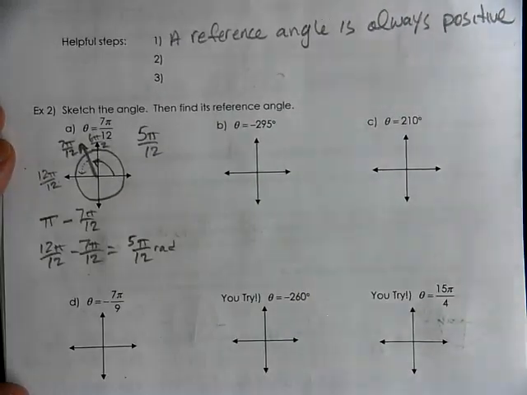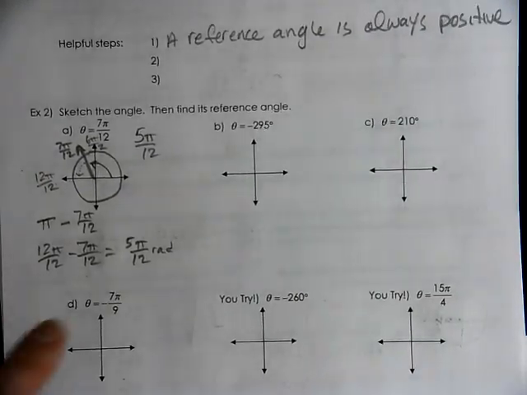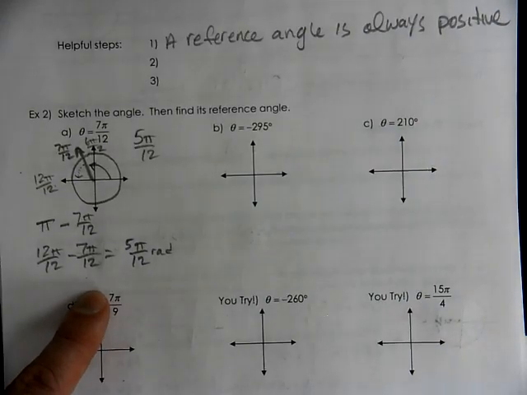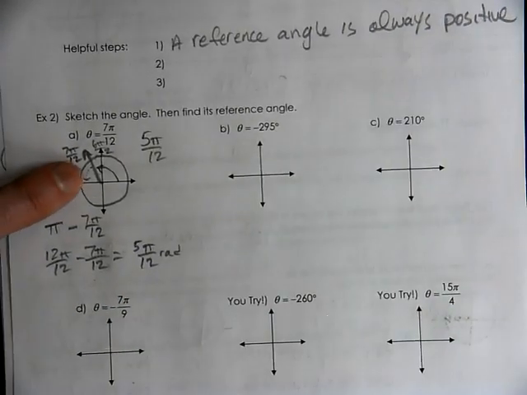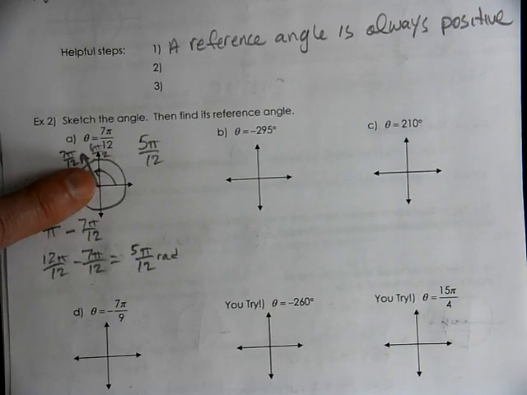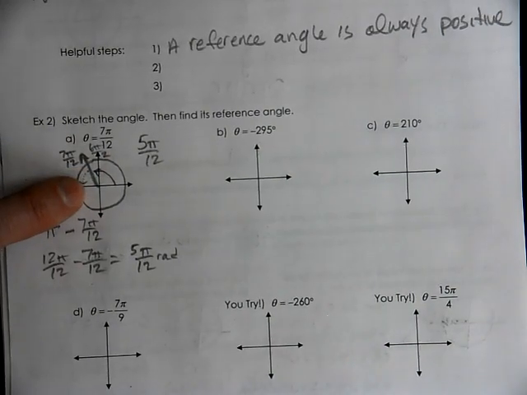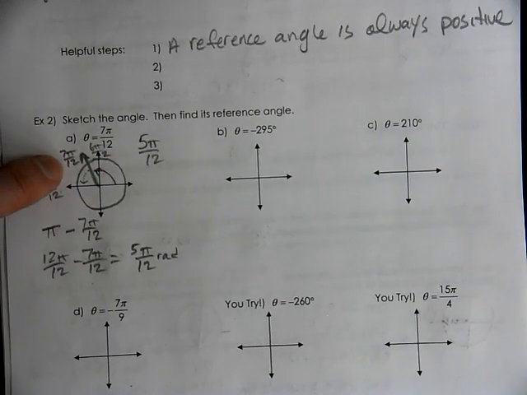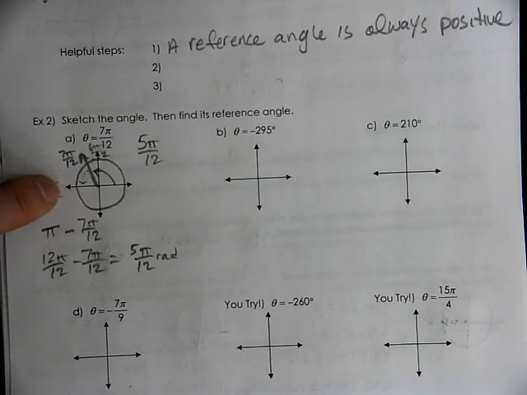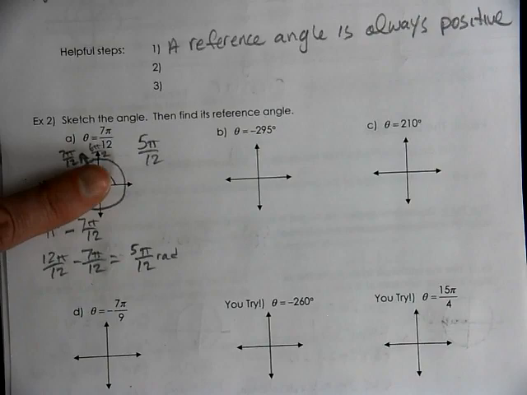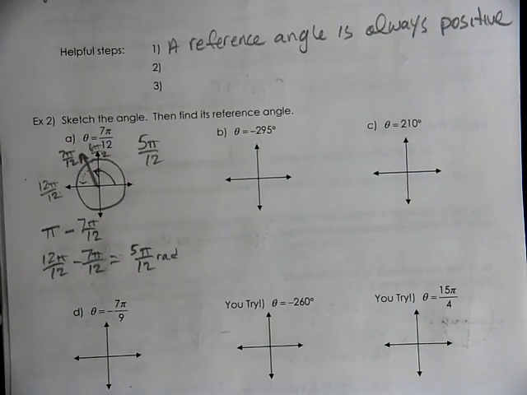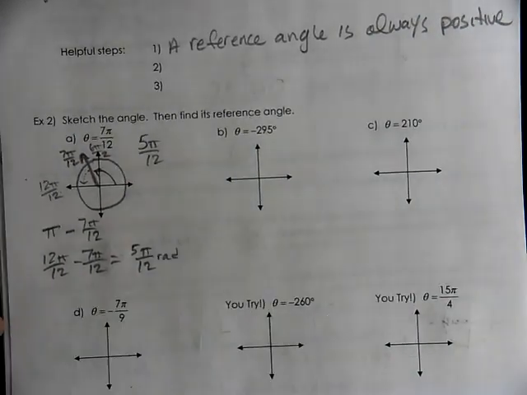And that would be radians. So you can physically calculate it, but I would prefer for you just to mentally think about what does it take. You're at 7 over 12. Your x-axis is going to be 12 over 12, so you need 5 more. So it's 5 pi over 12.